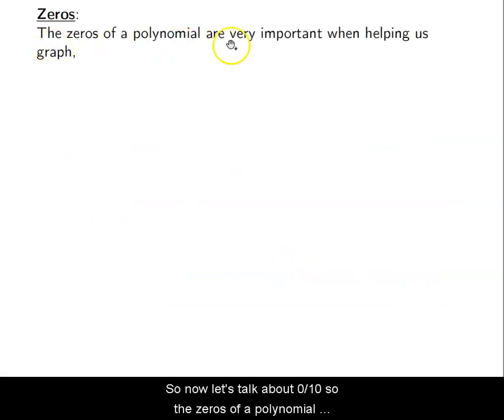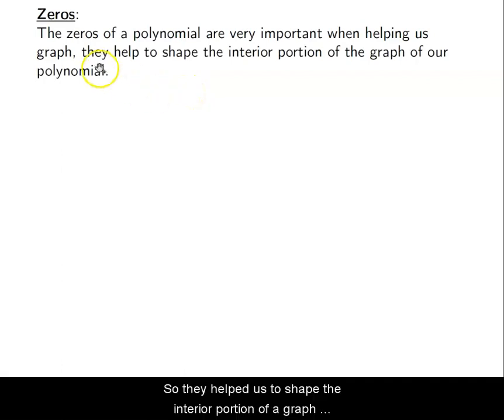The zeros of a polynomial are very important to us. They're known values. They let me know when my output is 0, which has very important connotations when we're looking at applications. But it really helps a lot when I'm trying to graph, okay? So they help us to shape the interior portion of our graph.